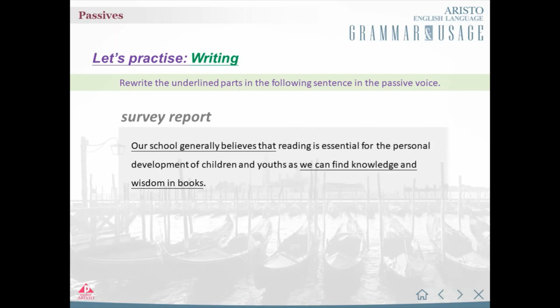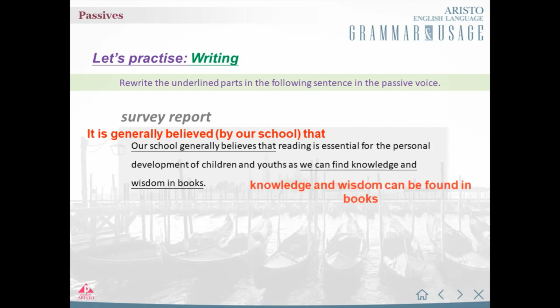The answers are now shown on the screen. The first part can be rewritten using the passive voice as, "It is generally believed by our school that." Here, the phrase "our school" is optional. The second part can be rewritten as, "Knowledge and wisdom can be found in books." Are they the same as what you've written?